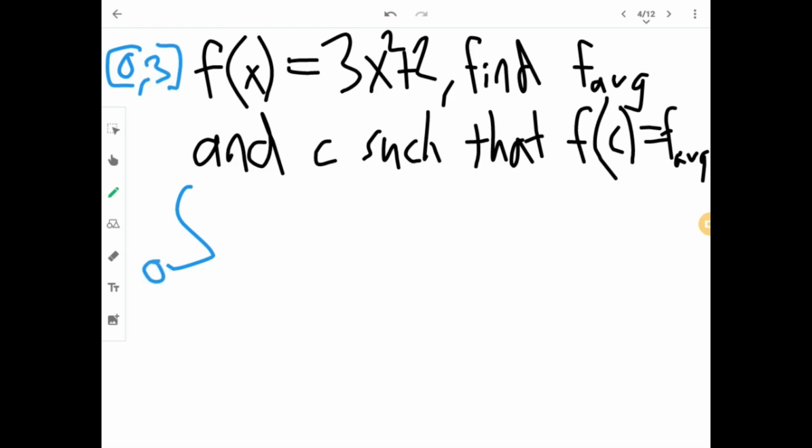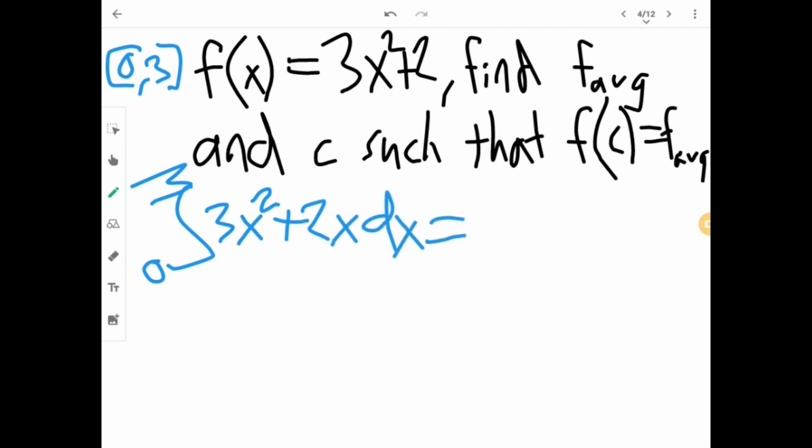Integral from 0 to 3 of 3x squared plus 2 dx. Then you just solve a normal integral. 3x squared is x cubed over 3 times 3, so it just becomes x cubed, plus 2x, from 0 to 3.